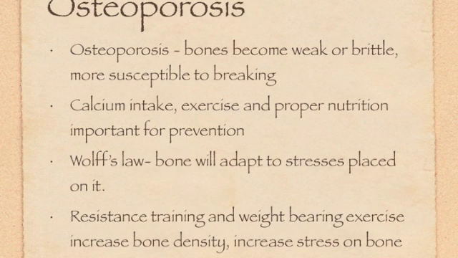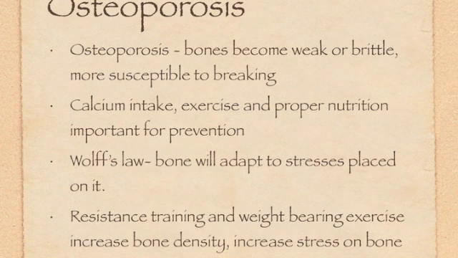And so osteoporosis is when bones become weak or brittle. They're not as strong, so they're more susceptible to breaking. It is in large part due to calcium, as our bones are constantly pulling calcium from our bones or depositing calcium.